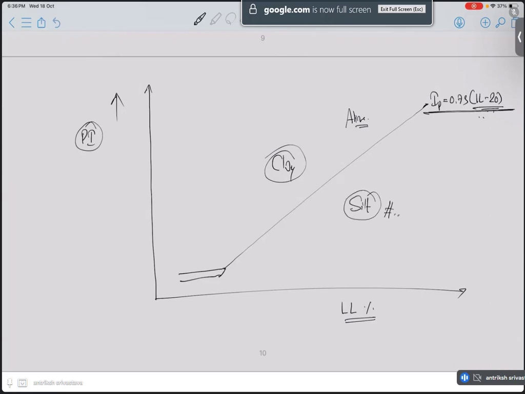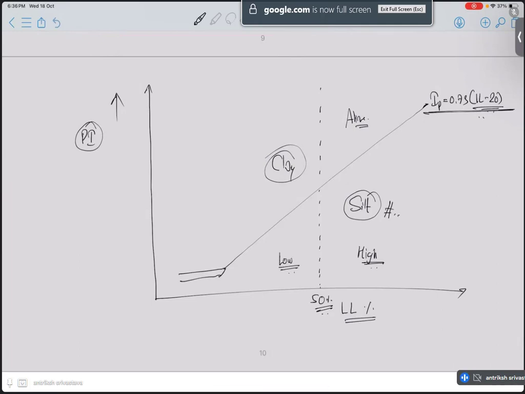So we can calculate that. And also we have a boundary at 50 percent liquid limit. If the liquid limit is more than 50 percent, we call it a highly compressible soil, and if it is below 50 percent, we call it a low compressible soil.